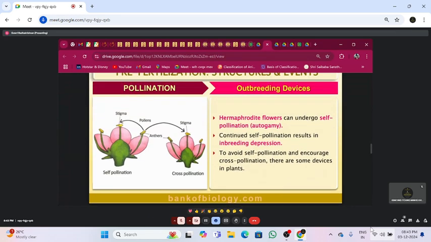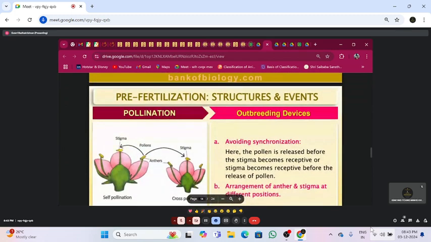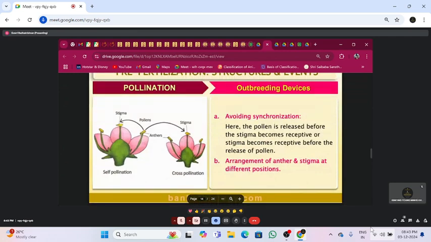All right. Now, hermaphrodite flowers can undergo self-pollination, or autogamy. Continued self-pollination results in inbreeding depression that we saw. So to avoid self-pollination and encourage cross-breeding, there are some devices in plants. One is avoiding synchronization.